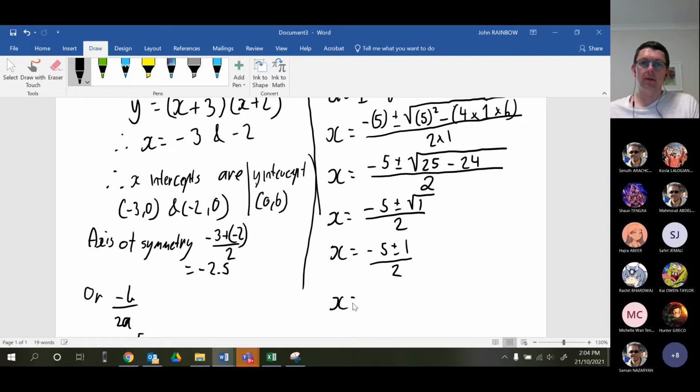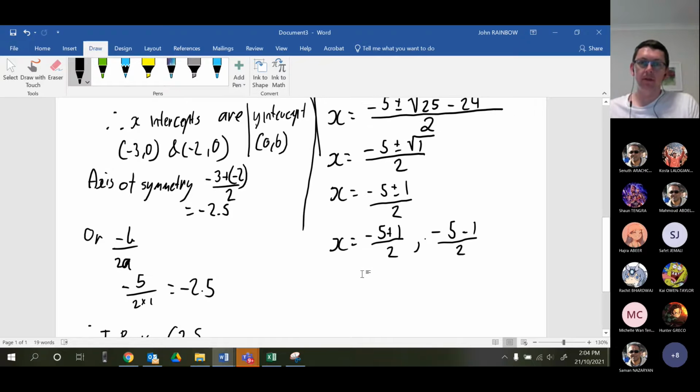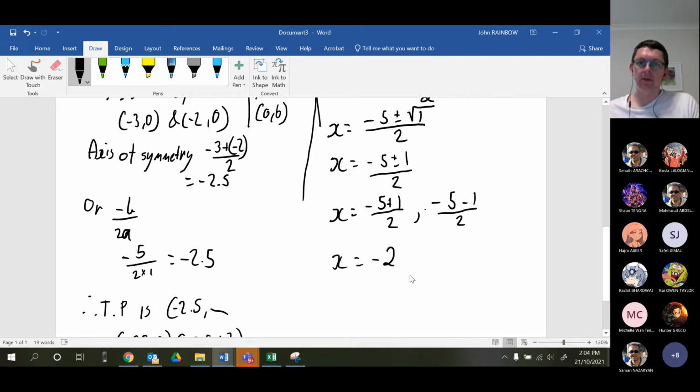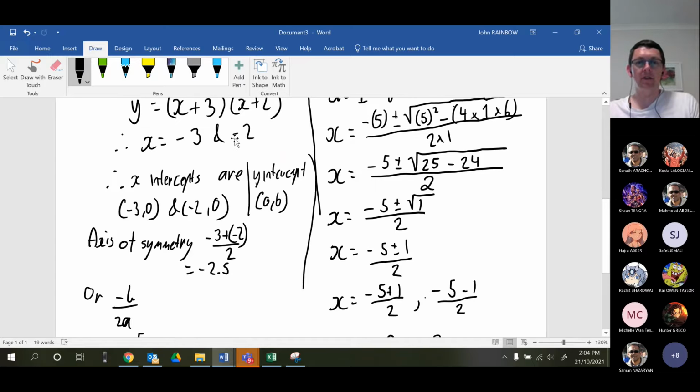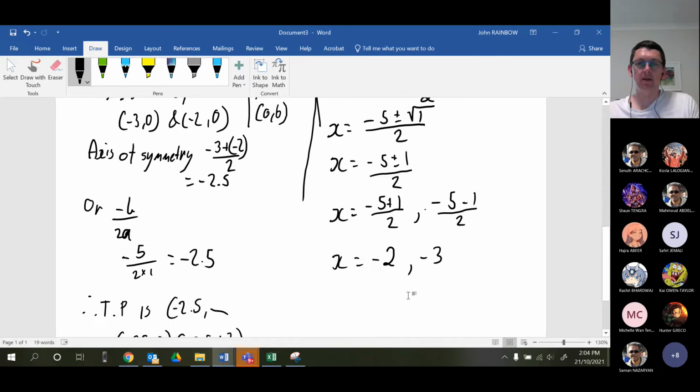Therefore, x equals negative 5 plus 1 over 2, and it also equals, negative 5 minus 1 over 2. So what is that? Negative 5 plus 1 on 2, x equals negative 2, because that's negative 4 divided by 2. This is negative 6 divided by 2, negative 3. So you can see I got to the same answers, negative 3 and negative 2. So it actually tells you where the x-intercepts are.